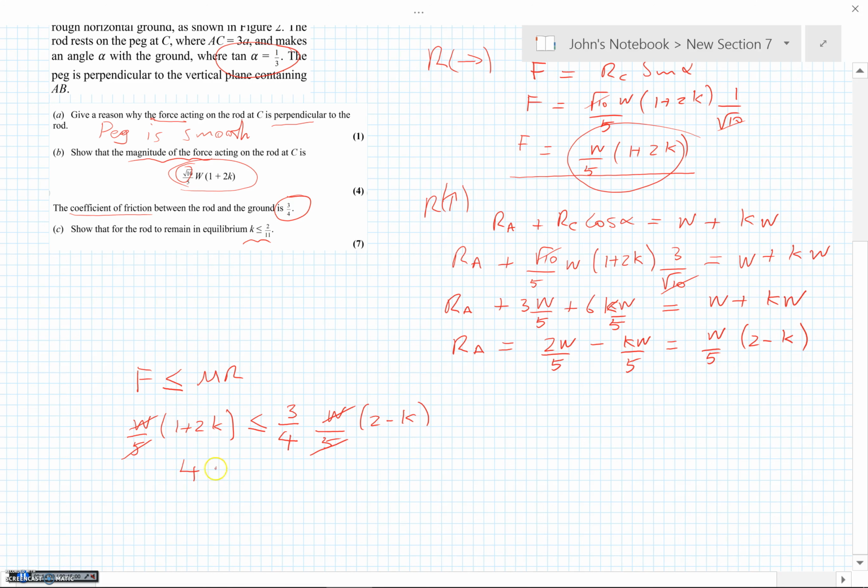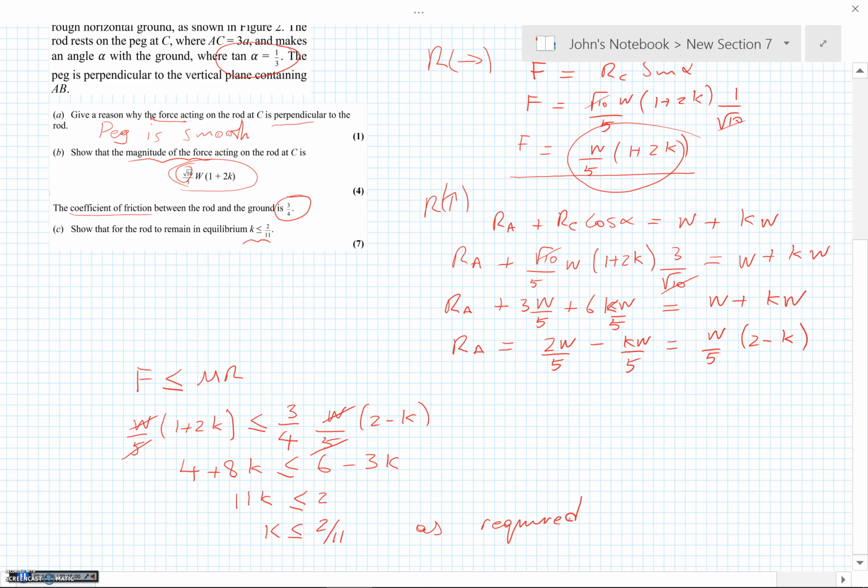So we're going to get 4 plus 8K is less than or equal to 6 minus 3K. That gives me 11K is less than or equal to 2. So K is less than or equal to 2 over 11, as required.